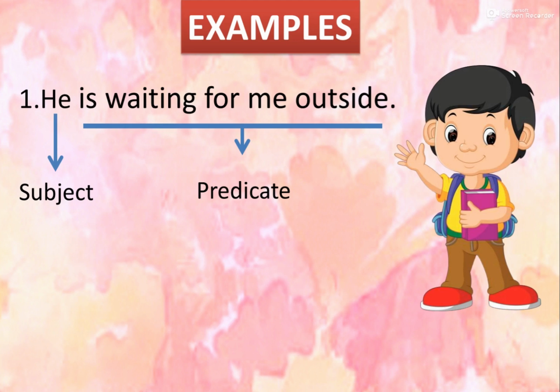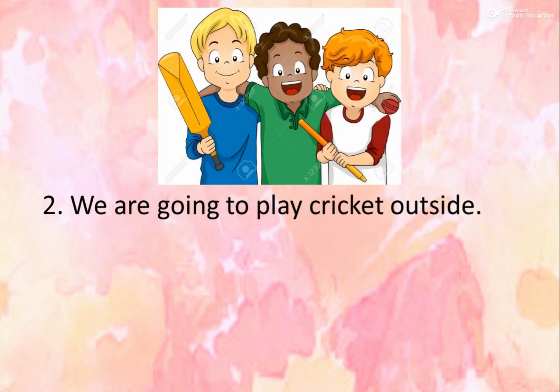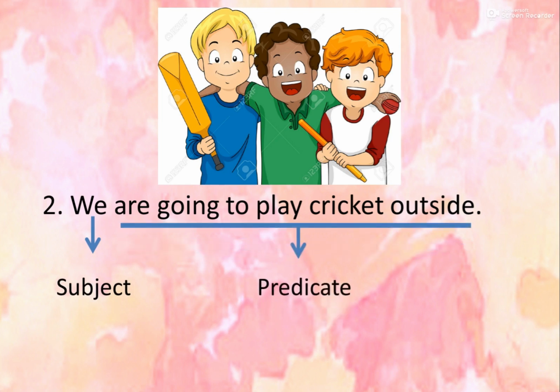Let's see the second example. "We are going to play cricket outside." Here, who is going to play cricket outside? Yes, these boys. So, in this sentence, we, meaning the boys, is the subject, while "are going to play cricket outside" is the predicate.